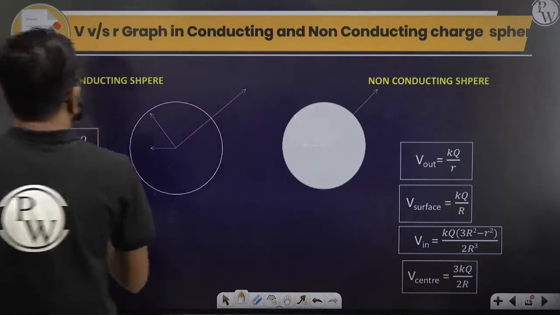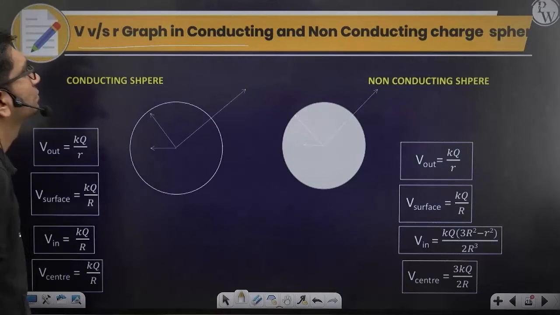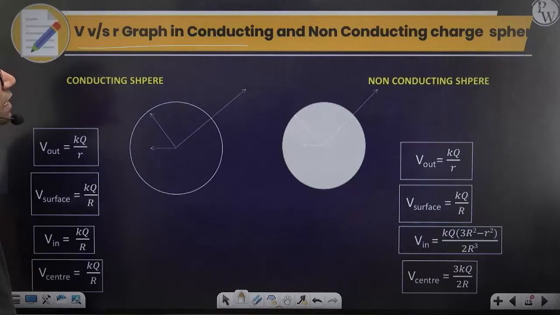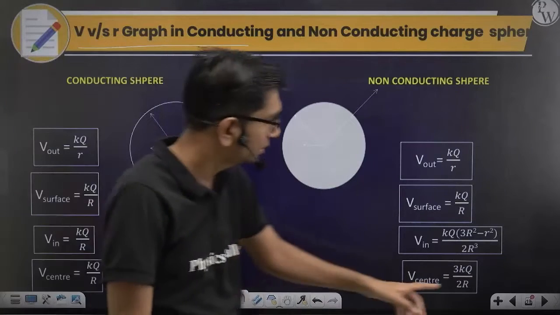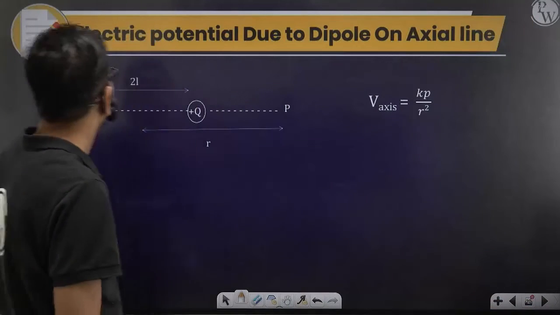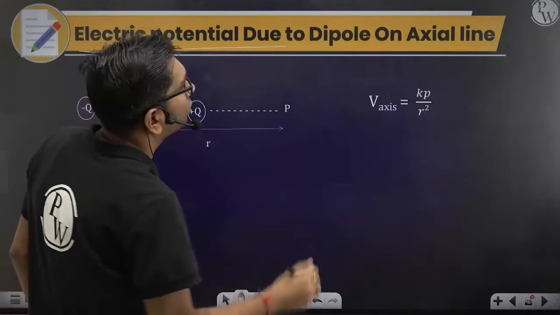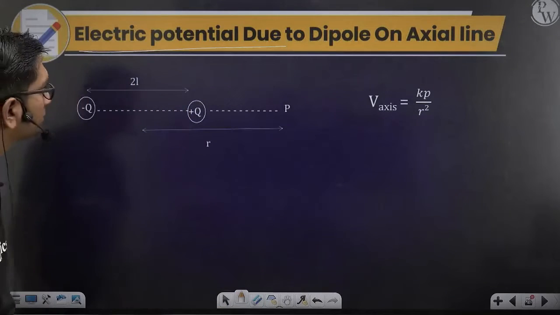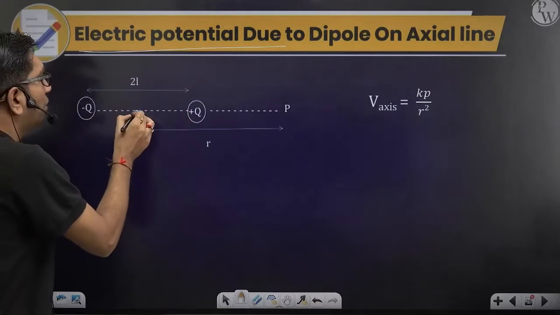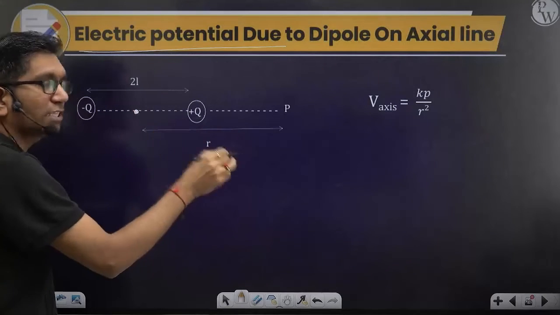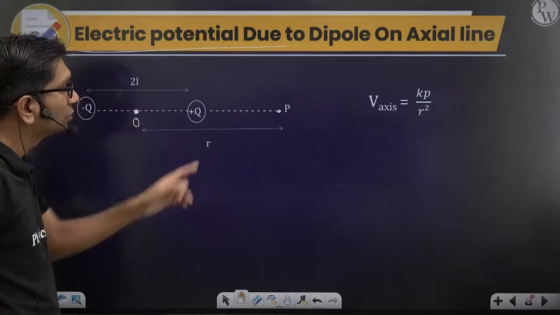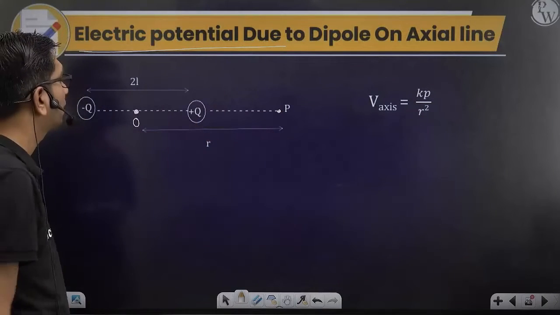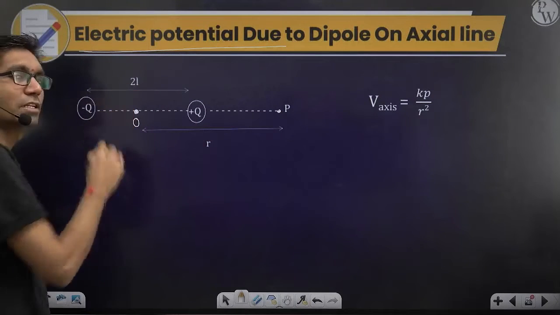Now, V versus r graphs in conducting and non-conducting charged spheres, I just showed you. Just draw the graphs here. Electric potential due to dipole on the axis. As everyone knows, this is a dipole. Small r is always taken from the origin. This is called the axial line, and the distance separated by them is 2L.